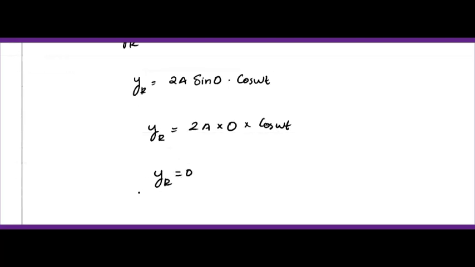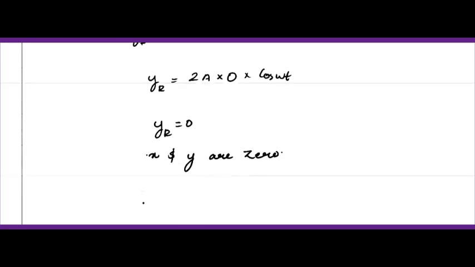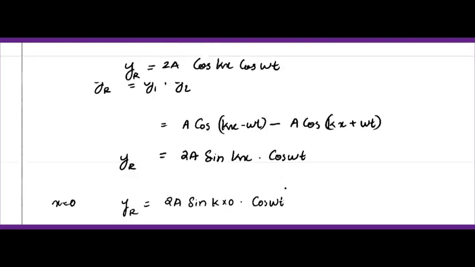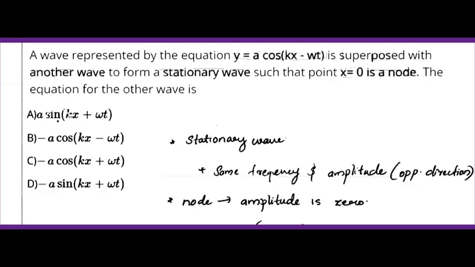We have said that a node is a place where the amplitude of a wave is 0. We have found that y2, represented by minus a cos(kx plus omega t), gives this. So our other wave is represented as option C, minus a cos(kx plus omega t).